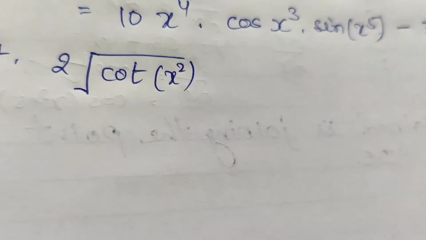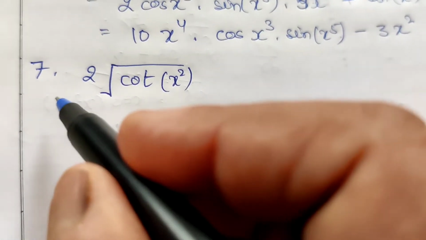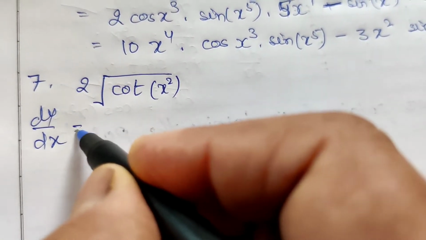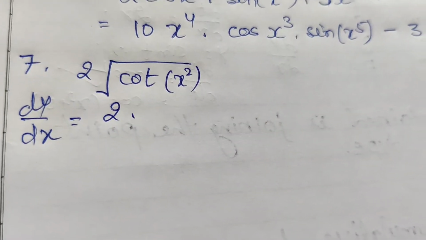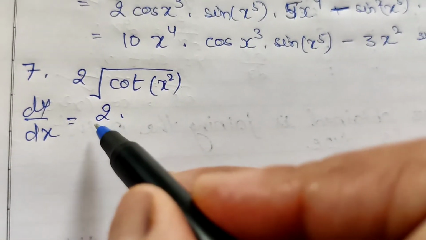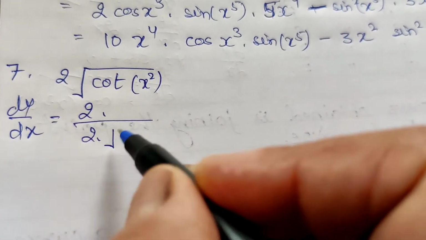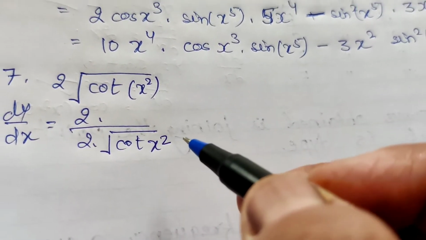Next, 7th is 2 under root cot(x square). This is equal to y, it means dy over dx. First 2 into the differentiation of root number is 1 by 2 under root cot(x square).